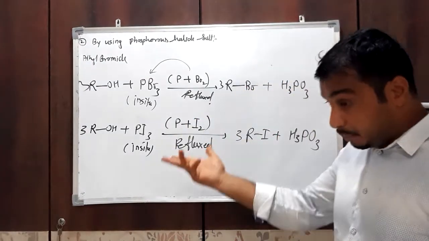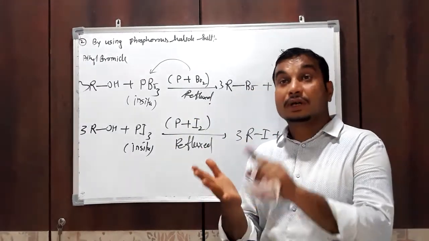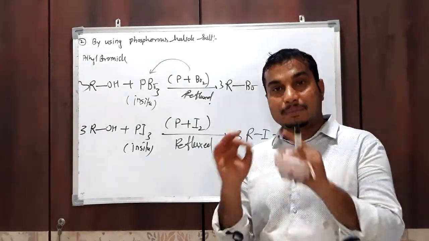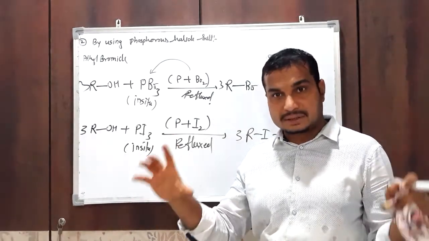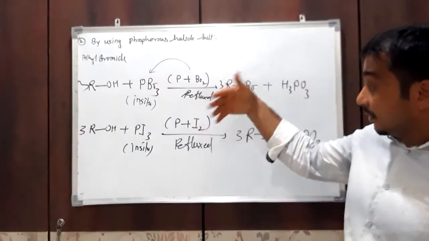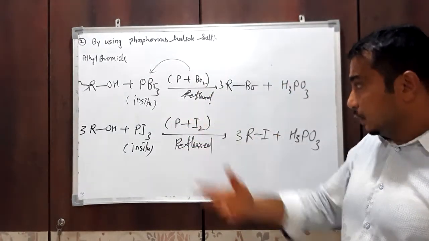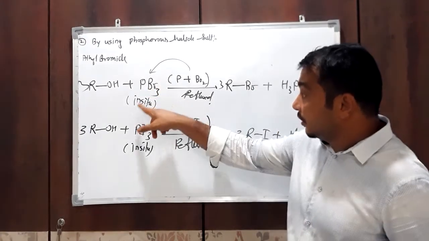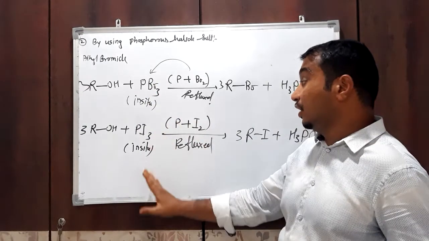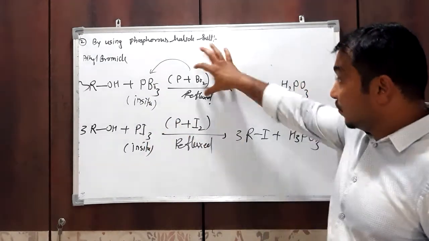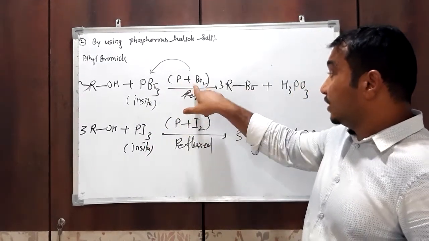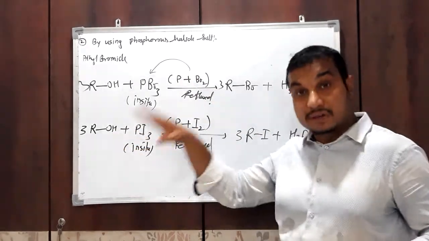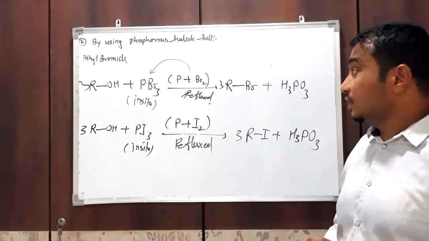To prepare alkyl chloride, we can use PCl5, which is readily available, and PCl3 also. They are somewhat more stable than PBr3 and PI3, so we can use them directly. But PBr3 is not readily available, and PI3 also. For this we first react phosphorus and bromine, or phosphorus and iodine, in situ, and they then react with the alcohol giving the corresponding product.